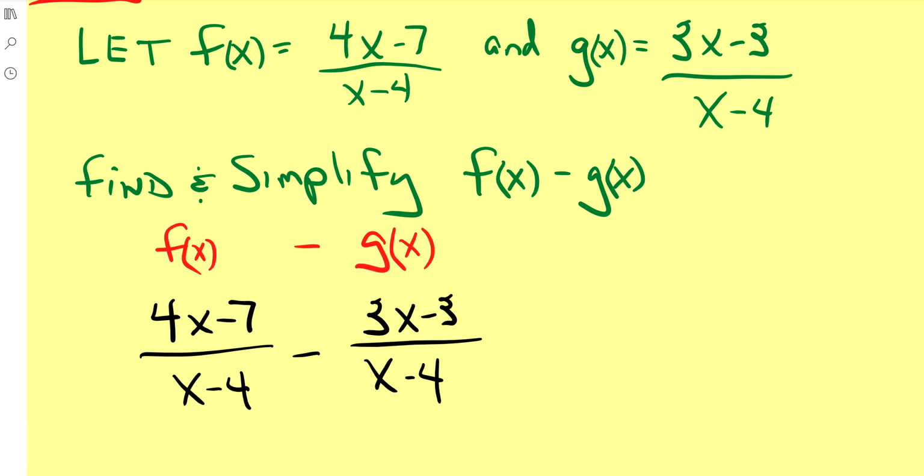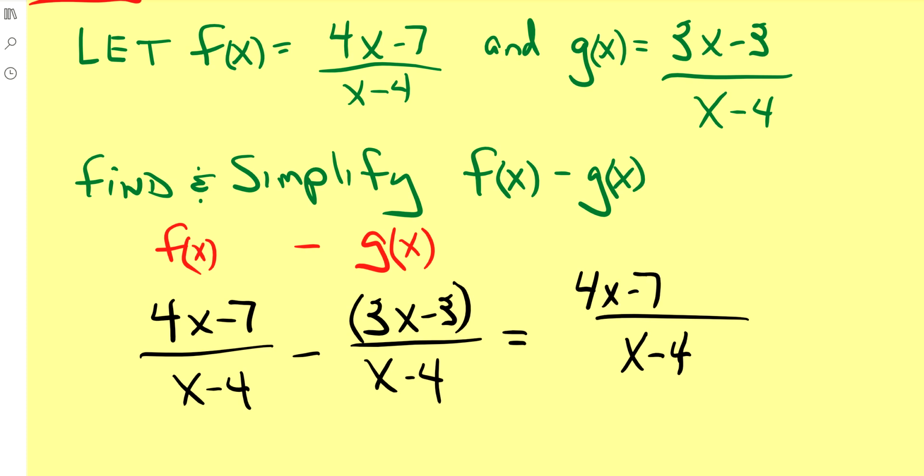Our denominators are already the same, and now this is tricky with respect to subtracting a binomial. So let's carry over the x minus 4. That's a given, since they're already the same. And then I've got 4x minus 7 minus 3x minus 3. So I want to put this in parentheses, and write down what I've got so far, which is the 4x minus 7.